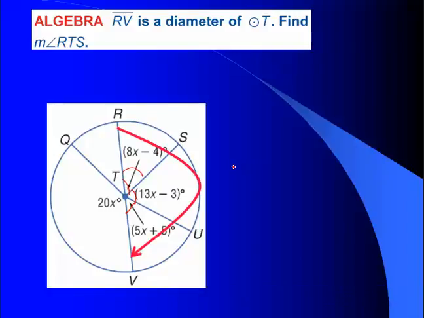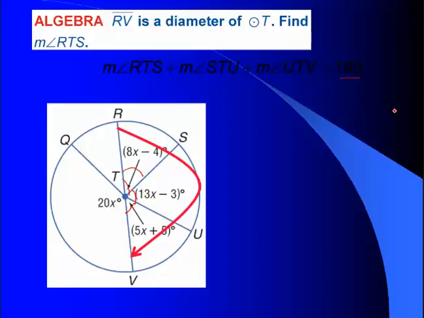Semi meaning half the circle. Okay, see those 3 angles there? So if I were to name them, RTS plus STU plus UTV, those 3 angles are going to equal 180.